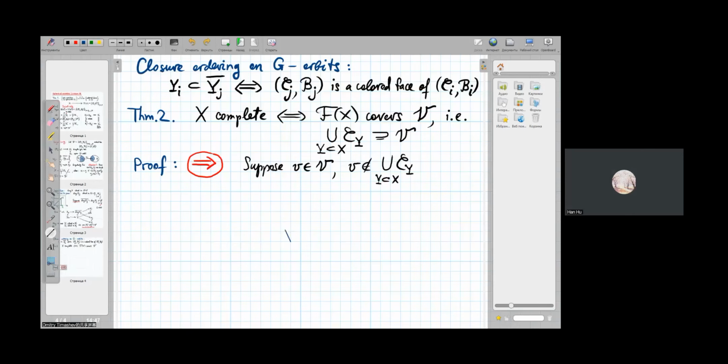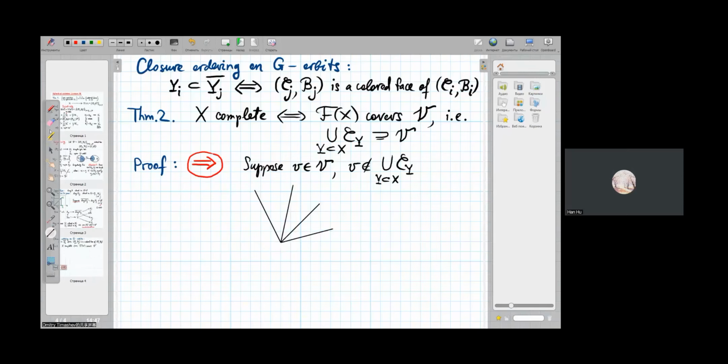Let me draw a fan for you, some fan. For instance, this cone, this cone, this cone, and so on.